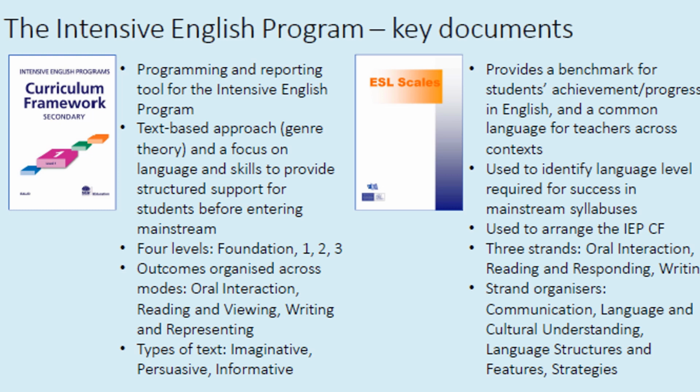This has recently been revised after many months of consultation with staff teaching across all the intensive English centres, and it has been updated and is available in digital form on the Multicultural Education website.